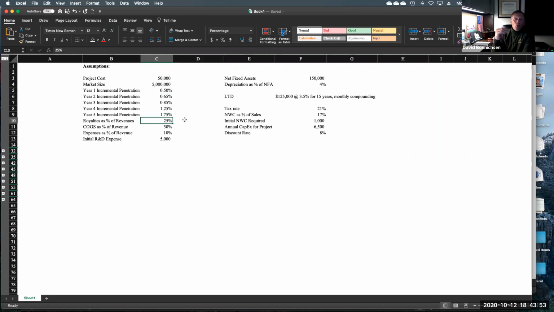We need to pay some royalties. It looks like we're licensing some products from others who own the rights to the product, so we have to pay out 25% of our revenue stream as a royalty. Our cost of goods sold for the product is roughly 30% of our revenue.